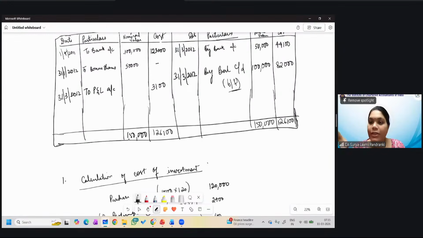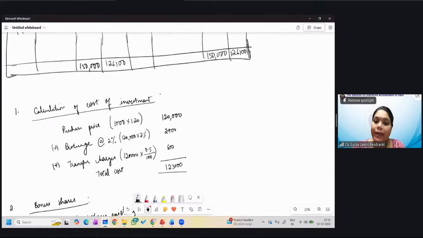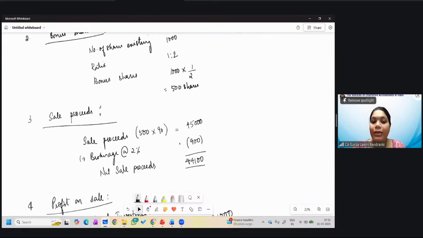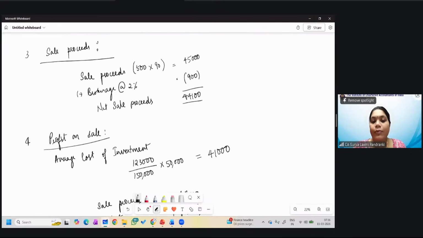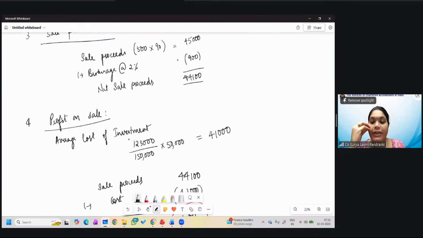In the investment account, we are not showing the cost because we got it for free. But when we are calculating the sale proceeds or doing other calculations, you will try to see what is the average cost of investments. You can say that it is for free, but still, why did you get it for free? It is because you made a purchase. You already are an existing shareholder. Only because of that you got this benefit. Not everybody will get that benefit. Only because you already have a share in that.